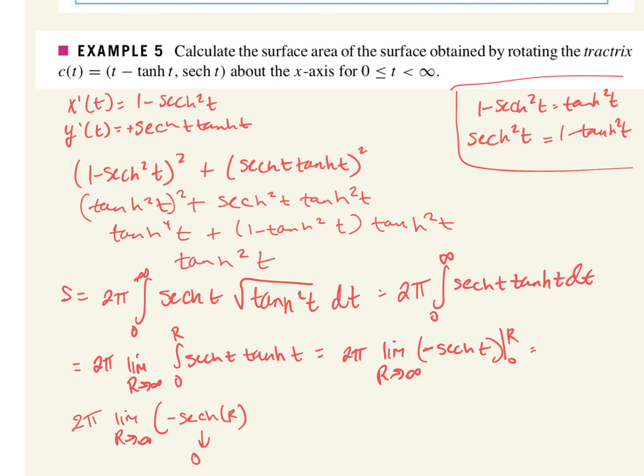But that portion goes to 0. It just says, see the book. And the sech at 0 is 1, so we have a final answer of 2 pi times 1, or 2 pi.